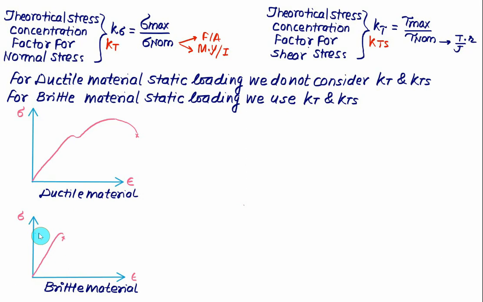In the case of brittle material, what we observe is that the value of SYT is almost equal to SUT, and the ductility part is totally zero. This point represents the value of SYT, and the value of SYT is much lower as compared to the value of SUT. So yielding is represented by a different point in the case of ductile and brittle material.